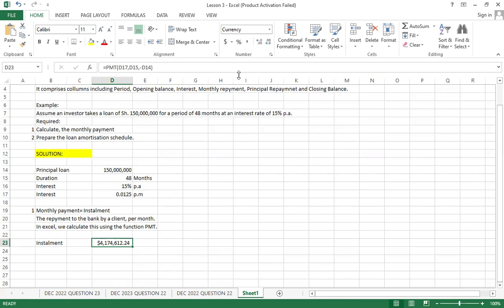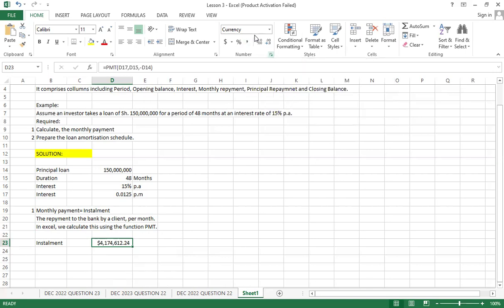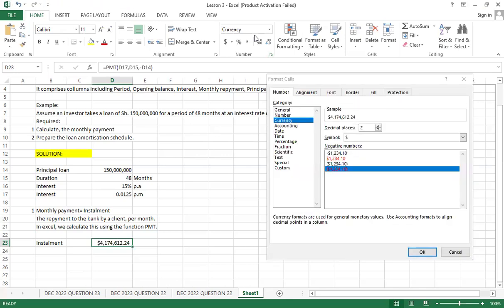So you come up here, hapa juu. There is this number thing, and to the right of it you have that arrow pointing sideways. Click on it so that Excel takes you to the options for it. That's where we do away with the dollar thing. You are taken to some window where, on the right-hand side, you look for that symbol part.